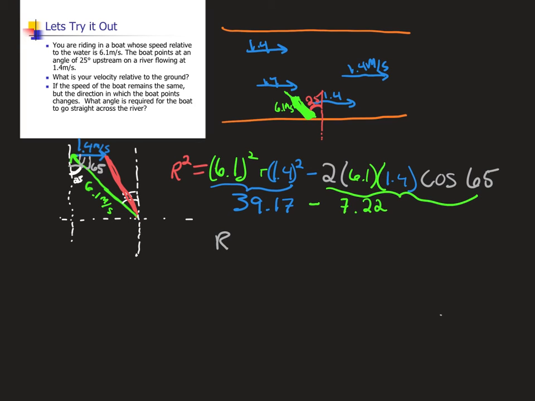And we'll keep that r squared there. Maybe we'll even change the color like I had before here. R squared, because that's the color I'm looking for, is equal to 31.95.